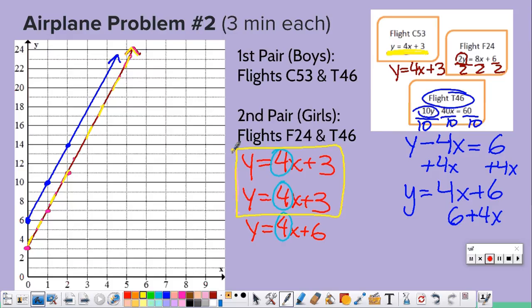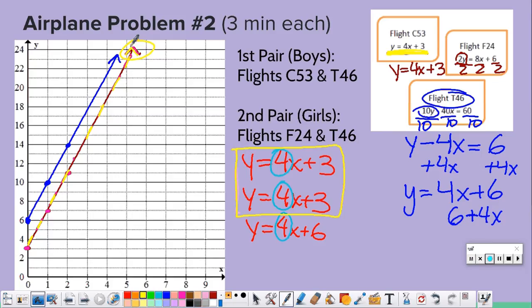Infinity? Why do you say infinity? Because they'll always have the same thing. What makes you think that? Because they're the exact same equation. Is there ever going to be a point where these lines are not the same? No. So this arrow right here tells you that that line does what?